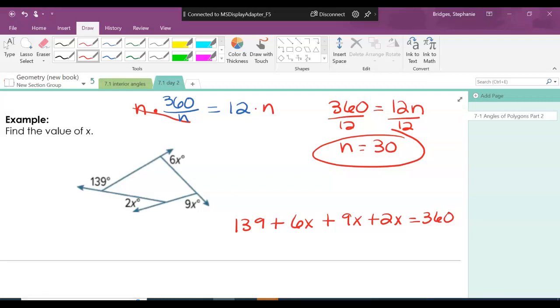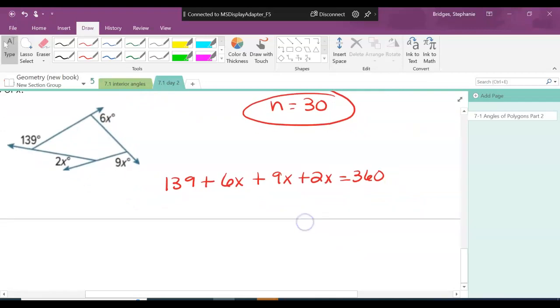We're just taking all of those exterior angles, adding them together, setting it equal to 360, and we're going to solve this equation for x, and that's all it's asking me for. I don't have to go back and plug it in. I just need to figure out what x is. So we are going to add all of our x's together that are on the same side of the equal sign. What is 6 plus 9? 15, and then 15 plus 2 is 17. So I get 17x.